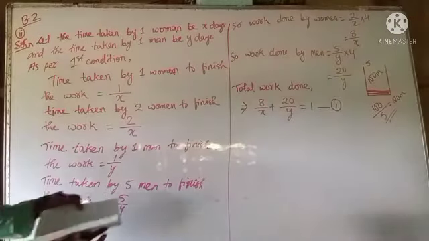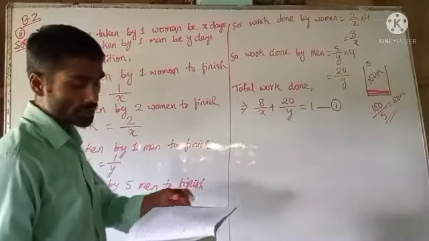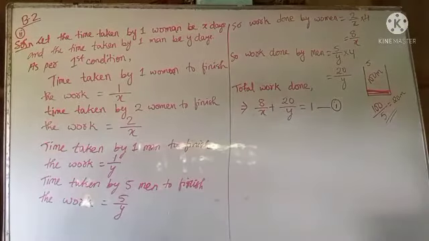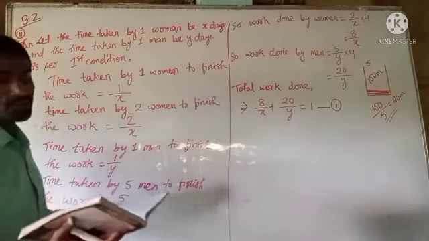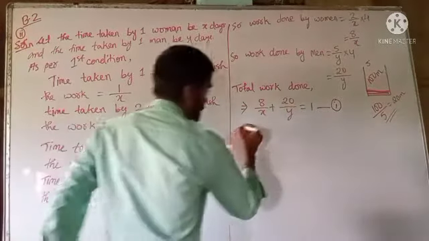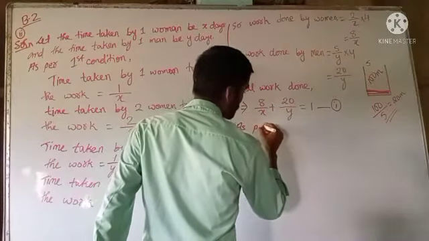Now we will proceed to our second condition. What is said, that while 3 women and 6 men can finish it in 3 days. Now it is said 6 men and 3 women can finish it in 3 days. So we'll write here as per second condition.